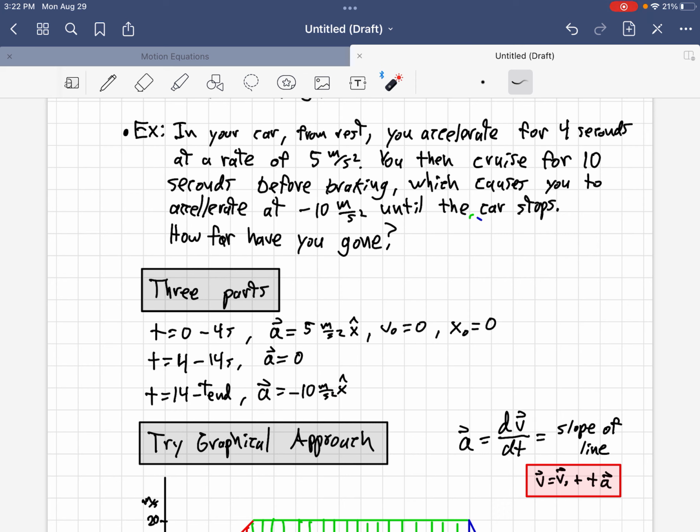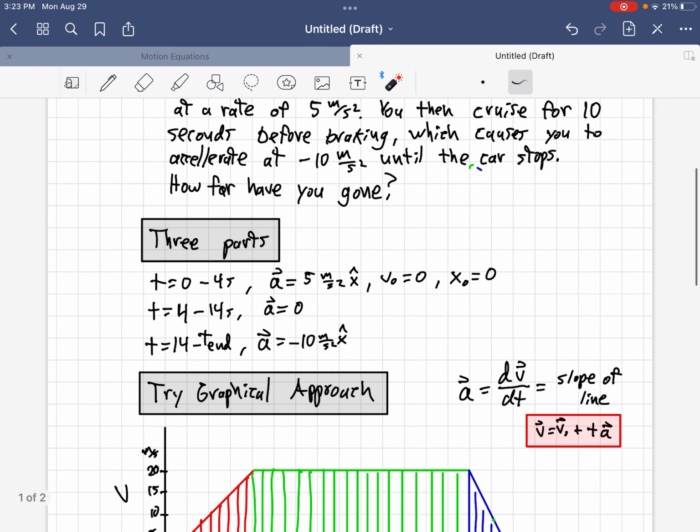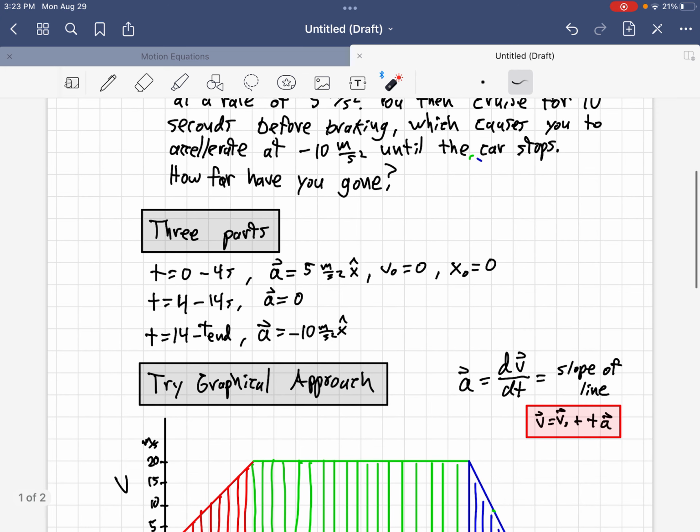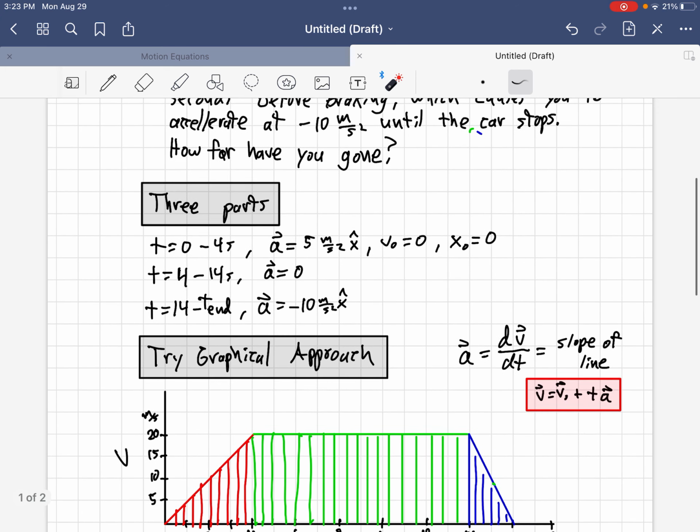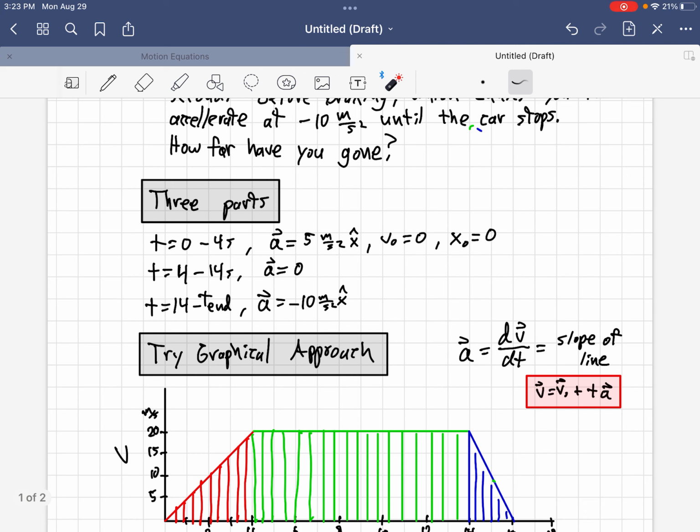There are a few different approaches you could take to this problem, but I wanted to illustrate this graphical approach. With the graphical approach, we're going to make a plot of the velocity over time. Remember that acceleration is the derivative of velocity, so you can write out that the velocity is your initial velocity plus time times acceleration.